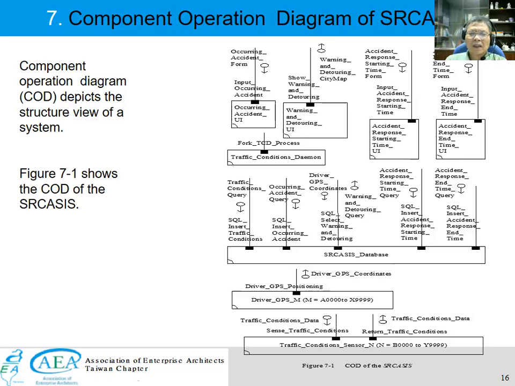Chapter 7. Component operation diagram of smart road IoT system. Component operation diagram (COD) depicts the structural view of a system.